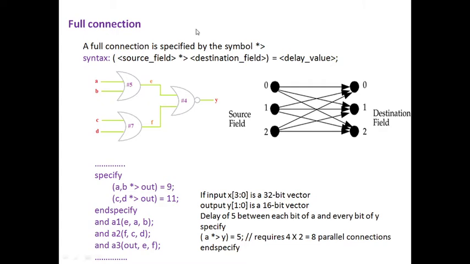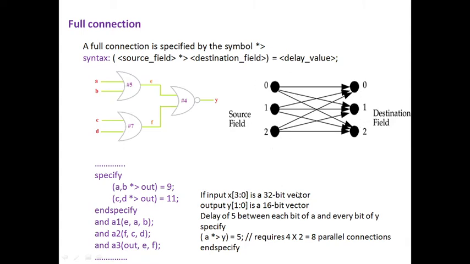Now I am having a question here: if input x is a 4-bit vector, x[3:0]. It is not a 32-bit vector, I have written it wrong. If input x is a 4-bit vector and output y is a 2-bit vector, here I am having 4 source pins and 2 destination pins.